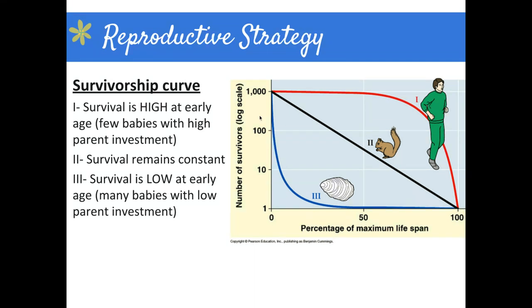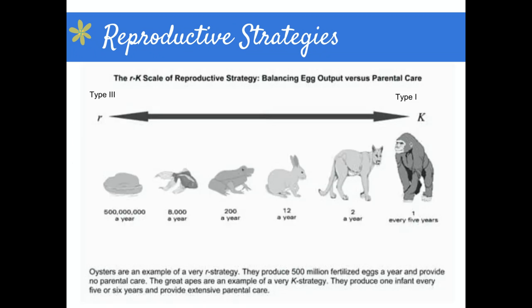But a huge mass of those babies, most of those babies are going to die off right after they're born. Survivorship curve type 2 is something like squirrels or birds. They're somewhere in the middle. Their survival remains constant throughout their entire life.